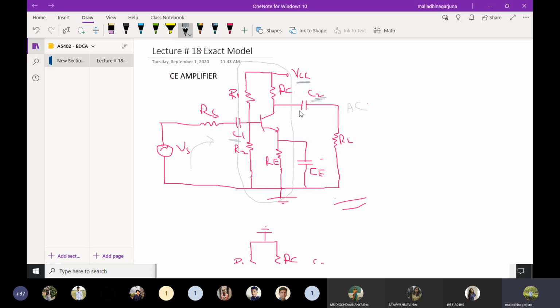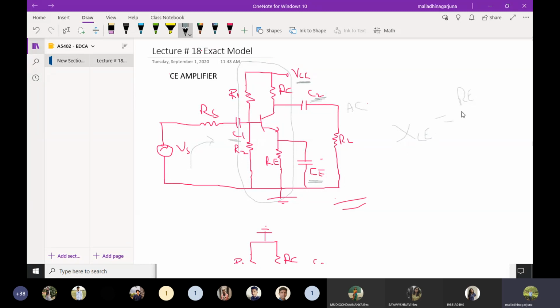And one more capacitor is also there, the bypass capacitor. The importance of the bypass capacitor is that it offers low impedance to the RE resistor. If you compare the RE resistor impedance value and the capacitor impedance value, XCE, the impedance of the bypass capacitor, is equal to RE by 10.